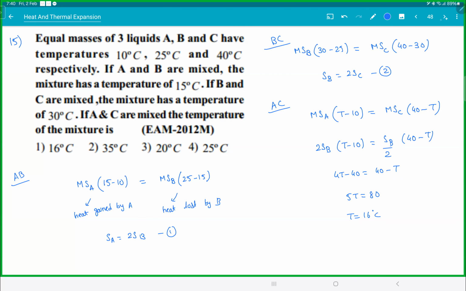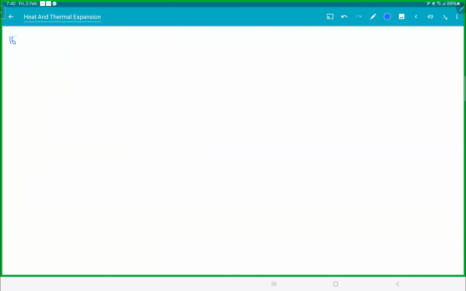Next thing. Let's say we have n different liquids of masses m1, m2, and so on till mn. Specific heat capacities S1, S2, and so on till Sn.